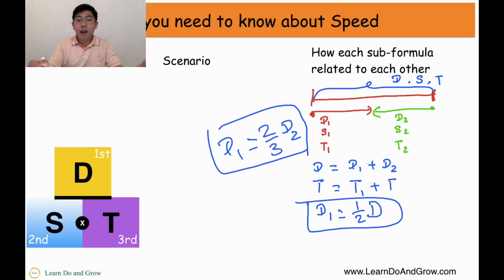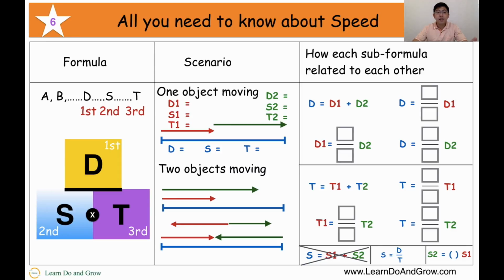By now I think you have a certain understanding about this type of sub-formula and how they relate. I'm going to show you the next slide, which I already prepared, and I will take you through step by step. This is the summary page of what I have shown you just now, where I explained how the sub-formulas relate to each other.